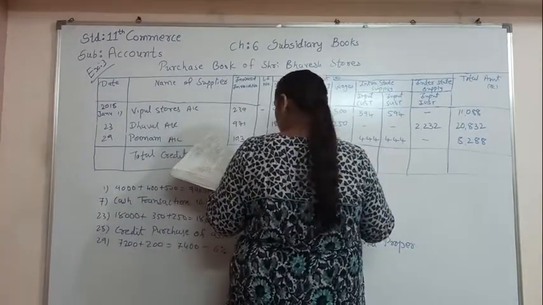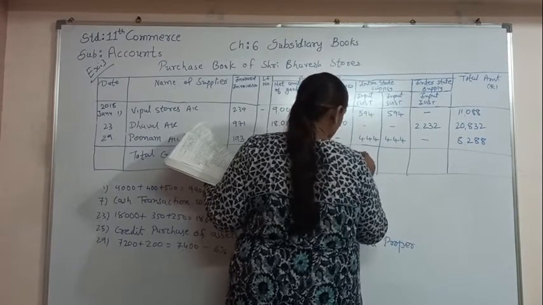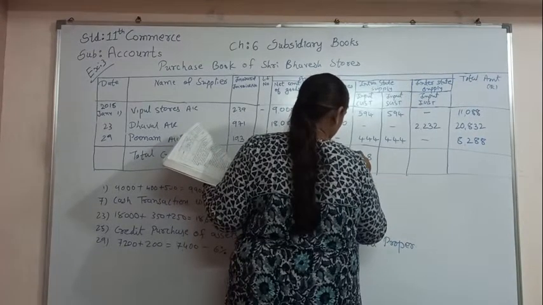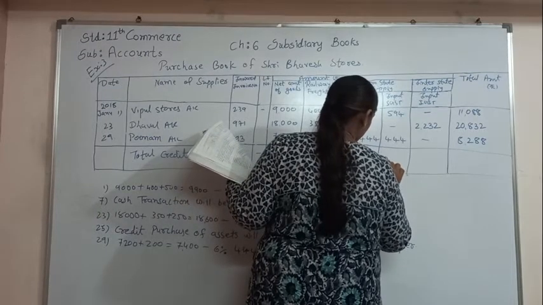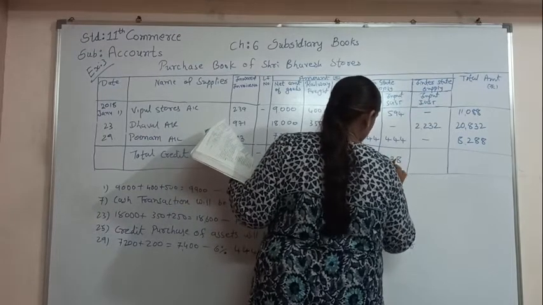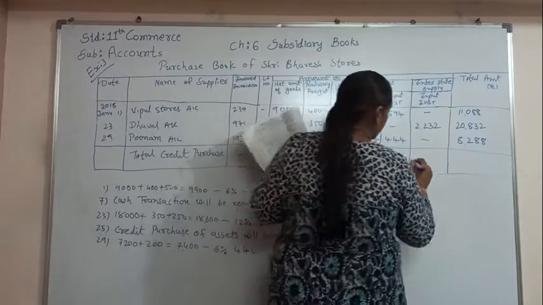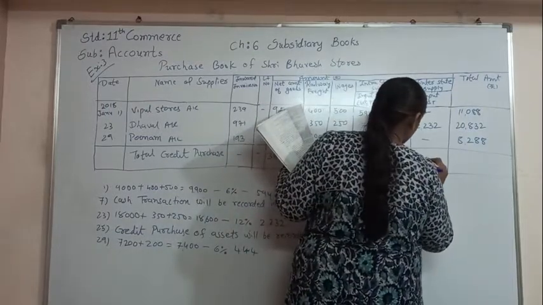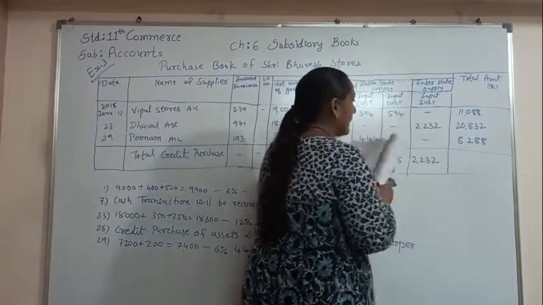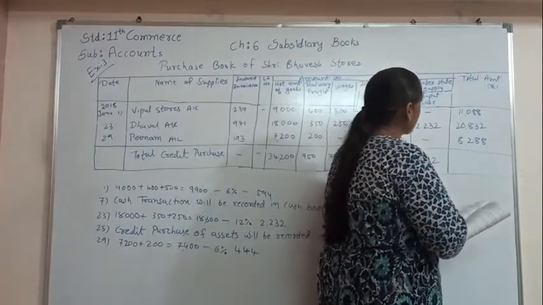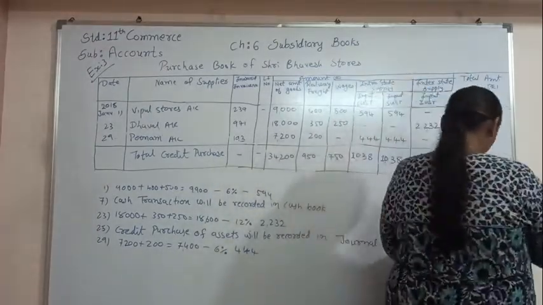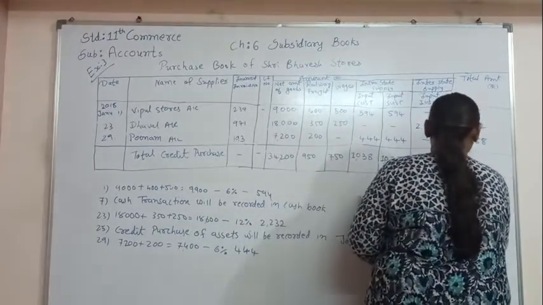Total of input CGST will be 1,038, and this is again going to be the same as the CGST, and here it is 2,232 for IGST, and the total of the total credit purchase of this month will be 40,208.